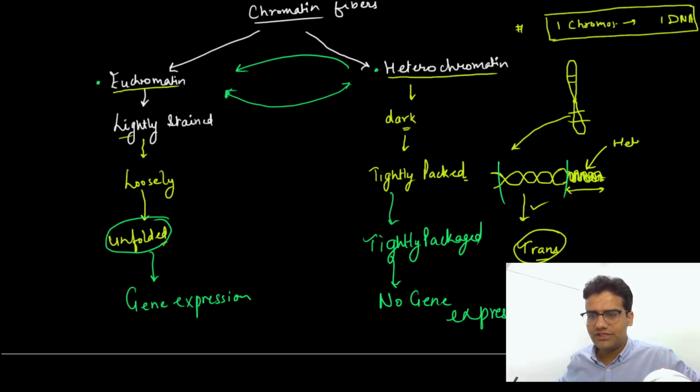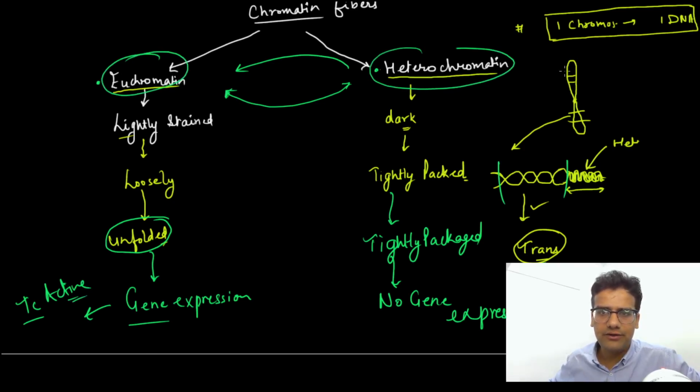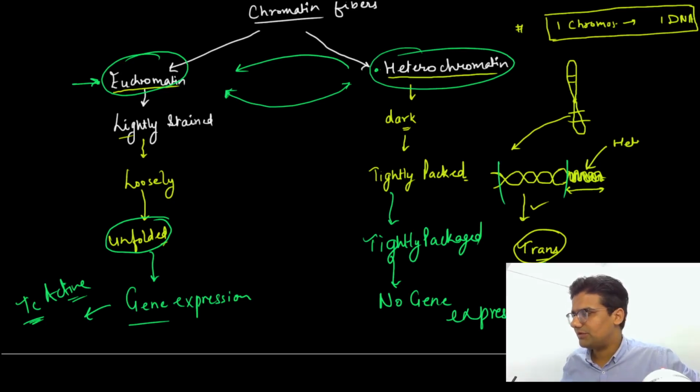If there is no gene expression, then there is no transcription activity. So this is transcriptionally inactive, and this is transcriptionally active. The euchromatin part is the one which is transcriptionally active, and the heterochromatin part is the one which is transcriptionally inactive.